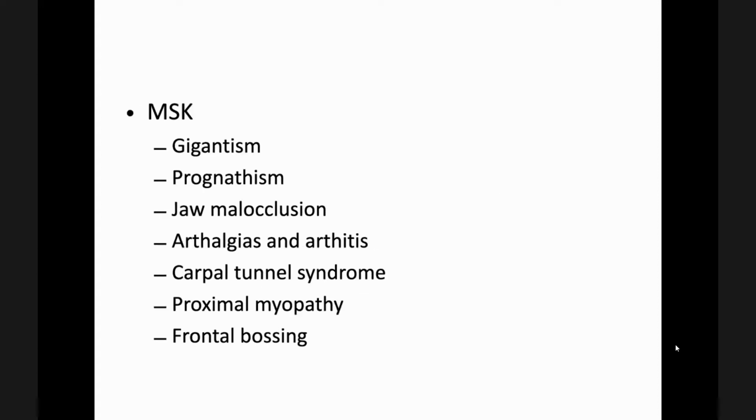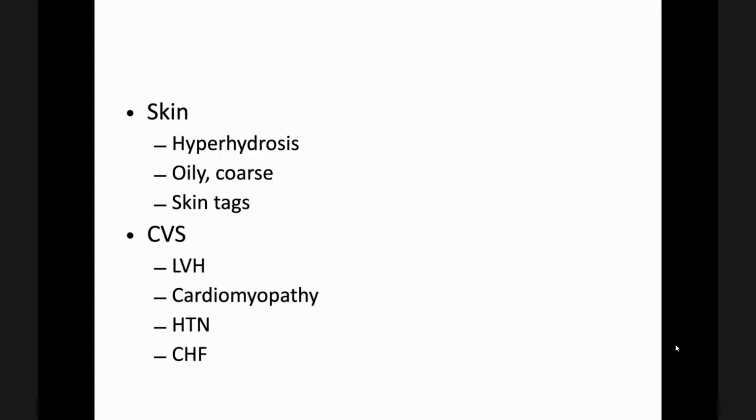And there might be musculoskeletal features like gigantism, prognathism, jaw malocclusion, arthralgia and arthritis, carpal tunnel syndrome, proximal myopathy, frontal bossing, skin features like increased sweating, oily, coarse skin tags, and cardiovascular features like enlargement of the heart, cardiomyopathy, left ventricular hypertrophy, hypertension.